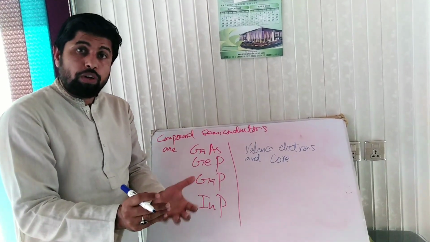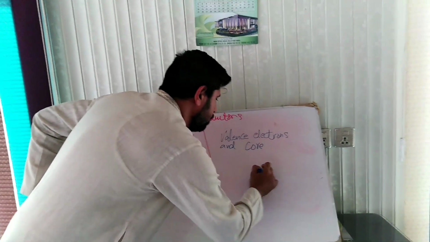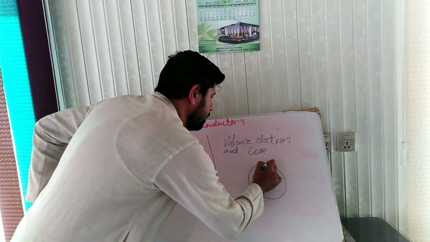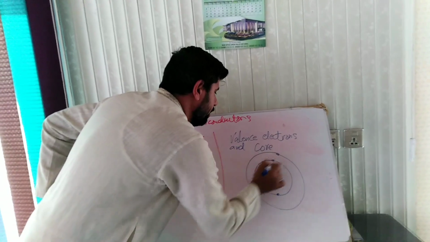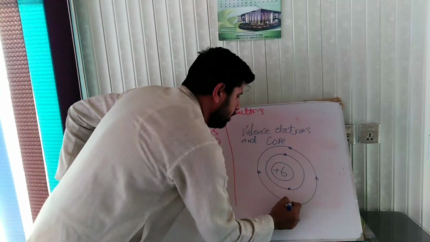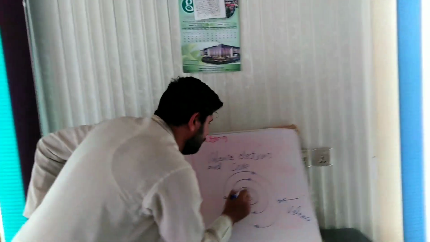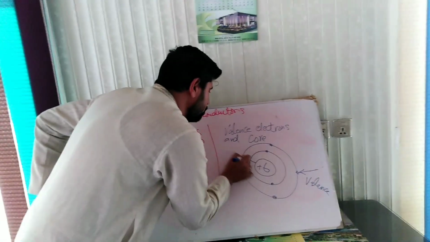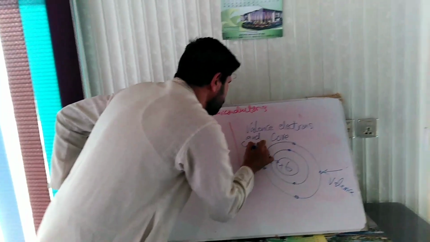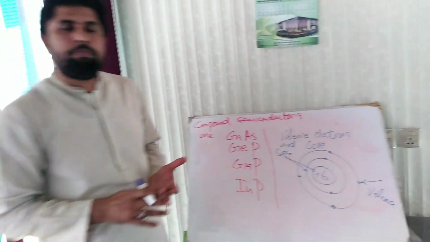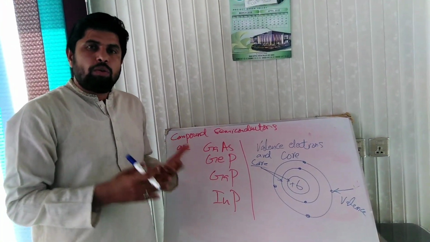For example, carbon has 6 protons, 2 electrons in the first shell and 4 electrons in the last shell. The last shell is the valence shell, and the rest is called the core of the atom.